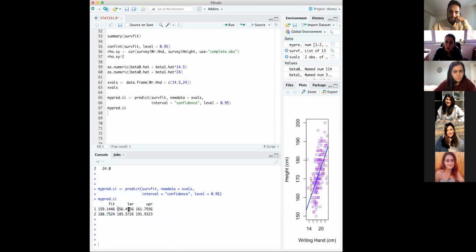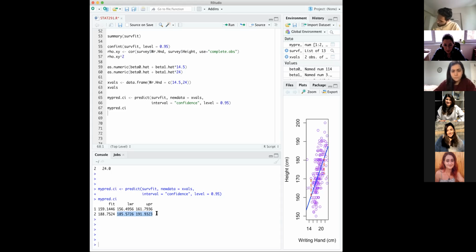And also we have some lower and upper bounds for them. So by just looking at these outputs in here, you are 95% confident that the mean height of a student with a hand span of 14.5 centimeters lies somewhere between 156 and 161 centimeters.